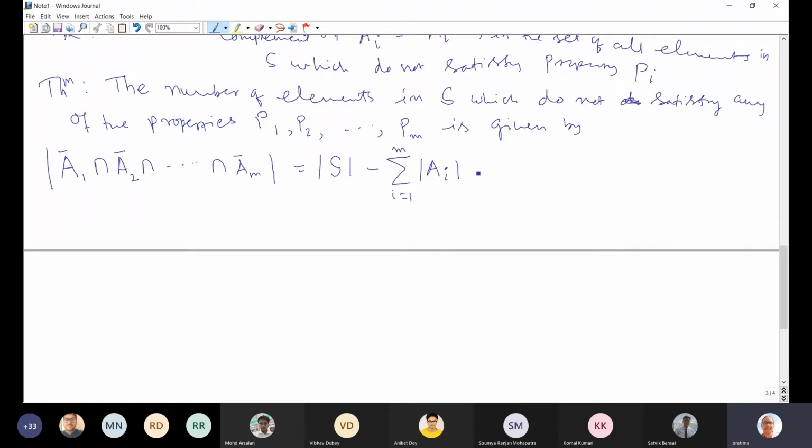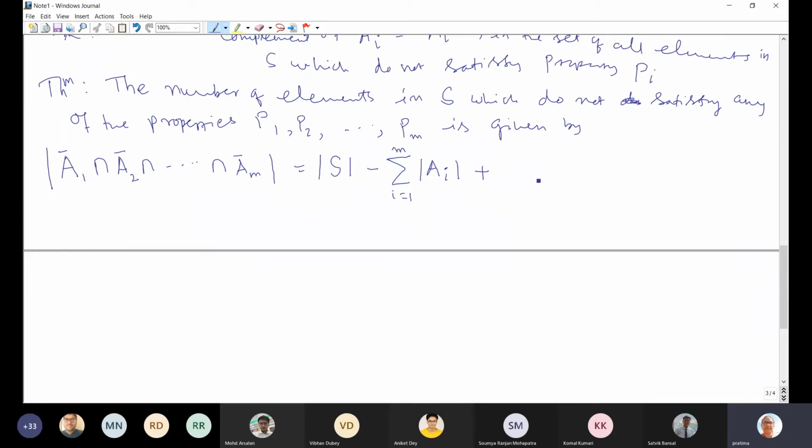Then we will take plus. First we are including, then excluding, then including again. Alternately this addition and subtraction, so that is why it is called the principle of inclusion and exclusion.